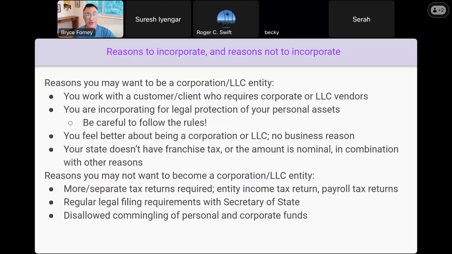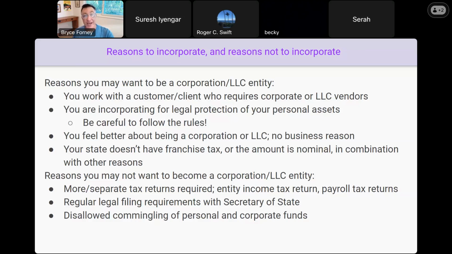You may want to be a corporation for legal protection of your personal assets. And this topic comes up a lot, particularly with attorneys speaking about being an LLC, so that if you were to have an issue where someone's suing you in your business, they can't then go after your personal assets.